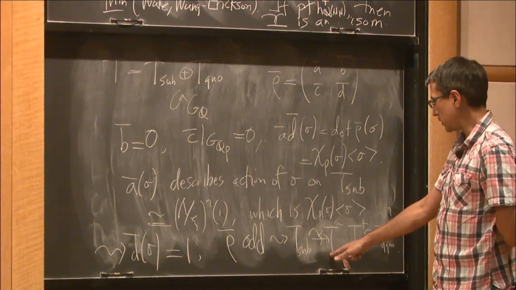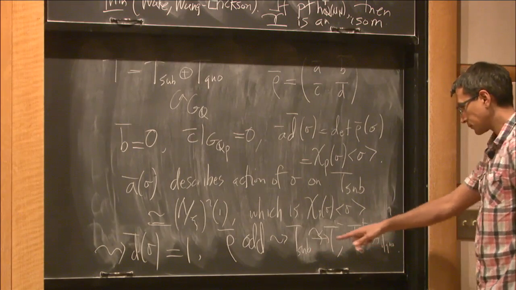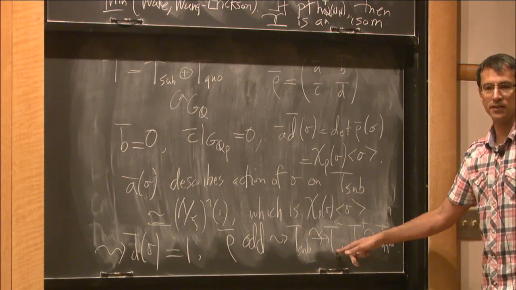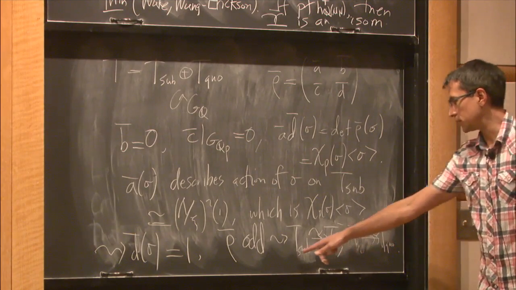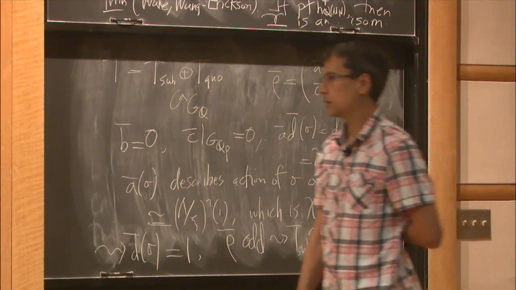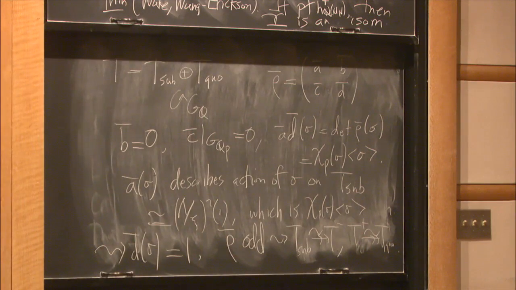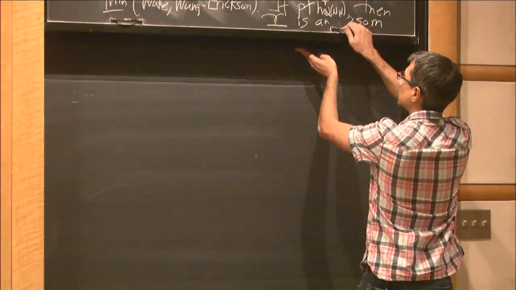This is naturally the quotient of T plus, and that's really T by T plus. And this one's a quotient, this one's a sub, this one's a sub, this one's a quotient, naturally. And that's independent of our choice of decomposition group.